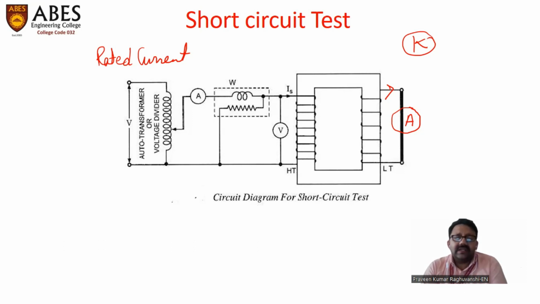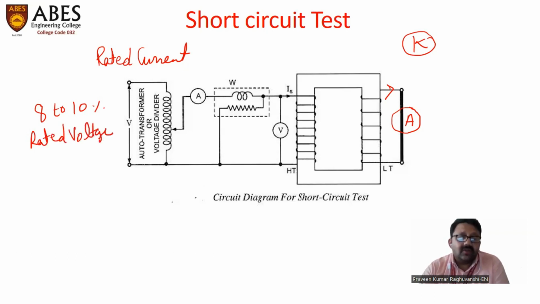So if we keep on increasing the voltage in small steps, the rated current of the primary side can be achieved at a voltage which is hardly around 8 to 10% of the rated voltage of the primary side. Under short circuit condition, with the application of a very small voltage, we can achieve the rated current.